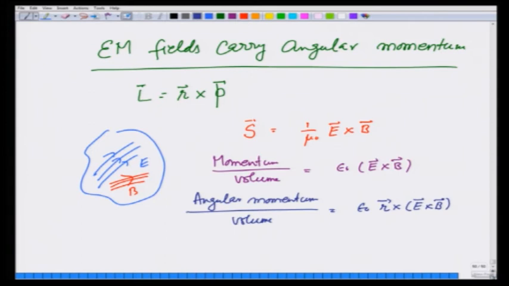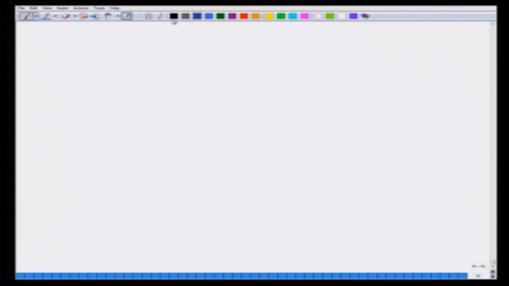The example I take is, we take a solenoid which is carrying surface charge sigma or charge lambda per unit length.